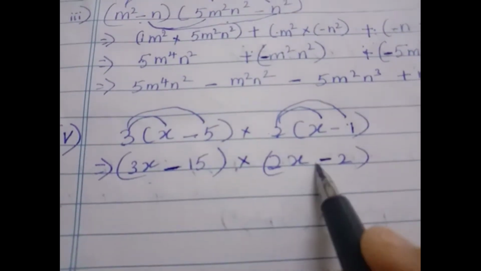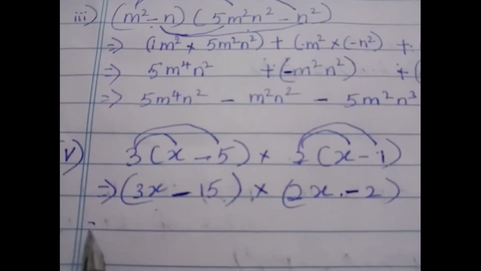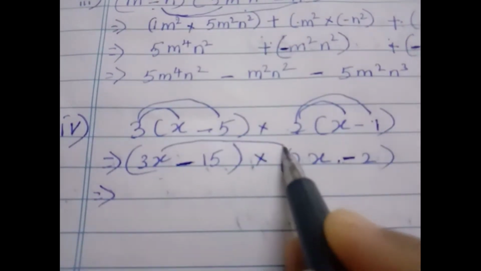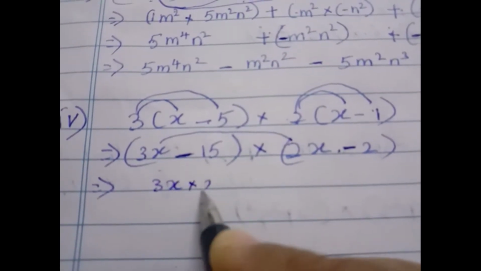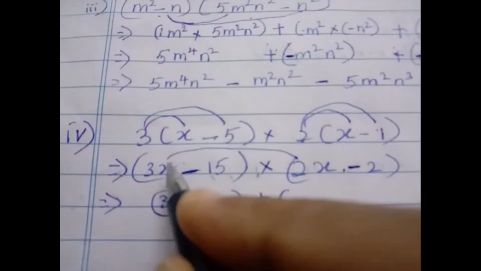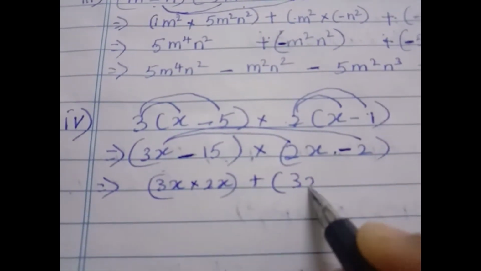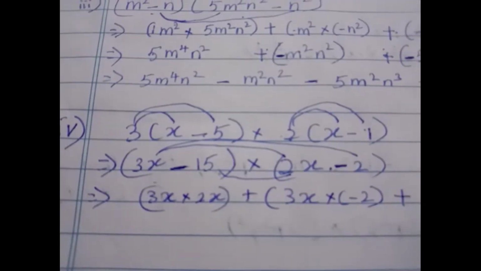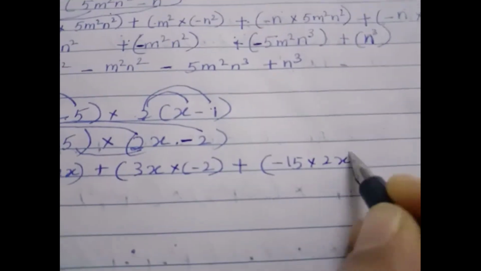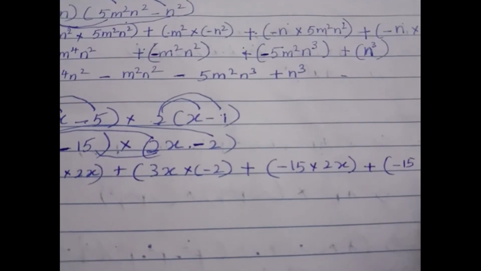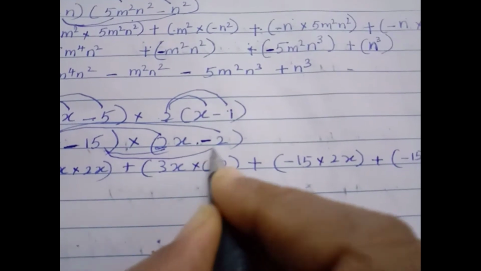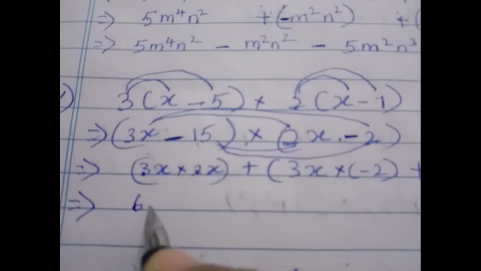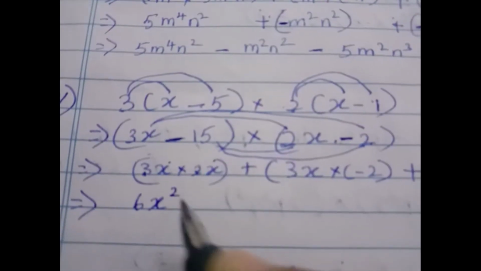Now if you see here, binomial with binomial. So multiply 3x into 2x plus again 3x into minus 2, plus with 15, minus 15 into 2x, plus minus 15 into minus 2. Now multiply: 3 2s are 6, x, 1 plus 1 is 2, x square.